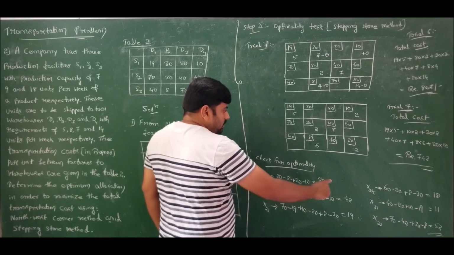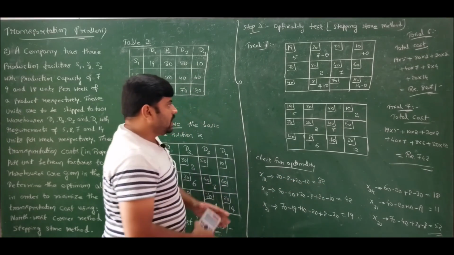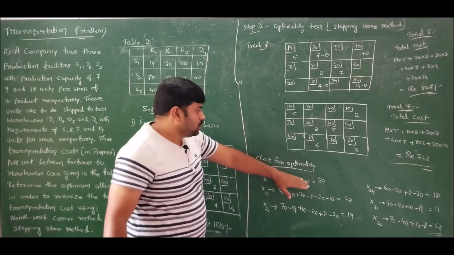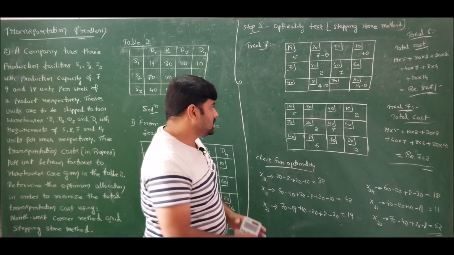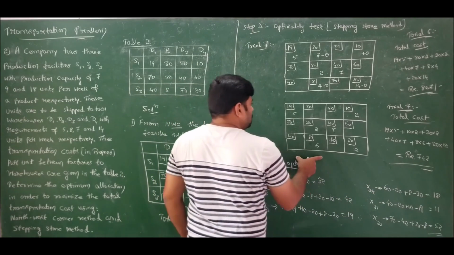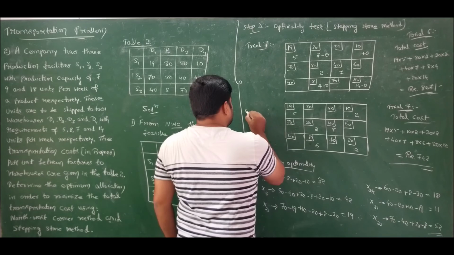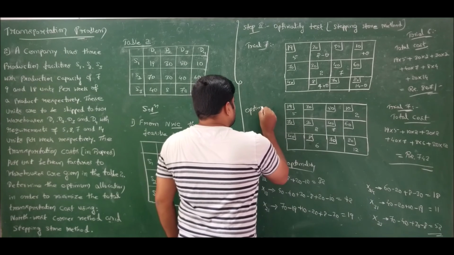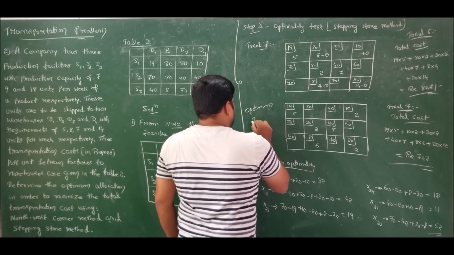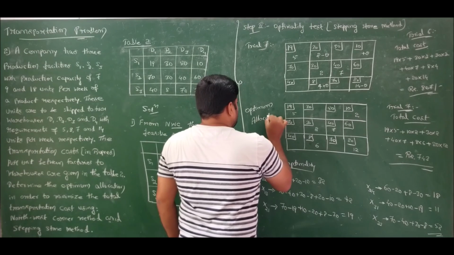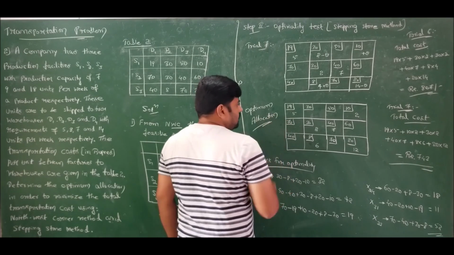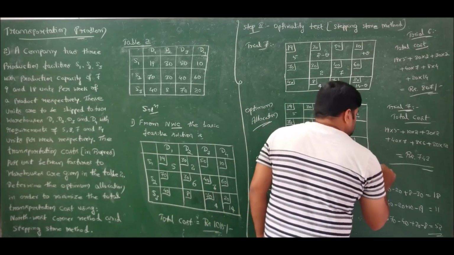Since all the values of the unallocated cell costs are found to be positive, the problem terminates and this is the optimal solution. So this is the optimum allocation and this is the optimum cost.